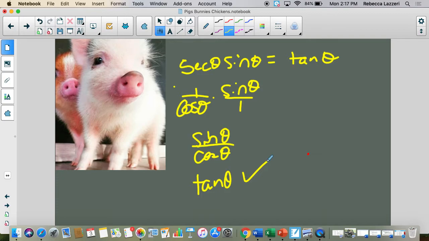I've had a few students that left it sine over cosine and they went to another problem because they were lost. They didn't memorize their quotient identities. So I have to know that you know. You could go straight from here to here. I will follow that. Okay, so you have to write sine over cosine equals tangent. Yes. Okay. Yeah, if you just leave it at sine over cosine, I'm going to think you're lost and that you don't know what sine over cosine is. You have to announce to me, I know I have tangent.